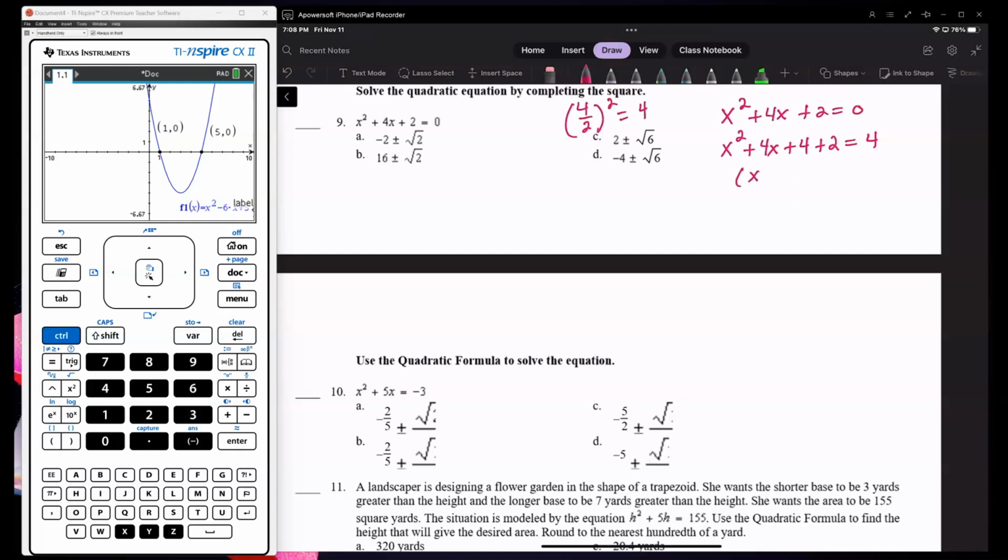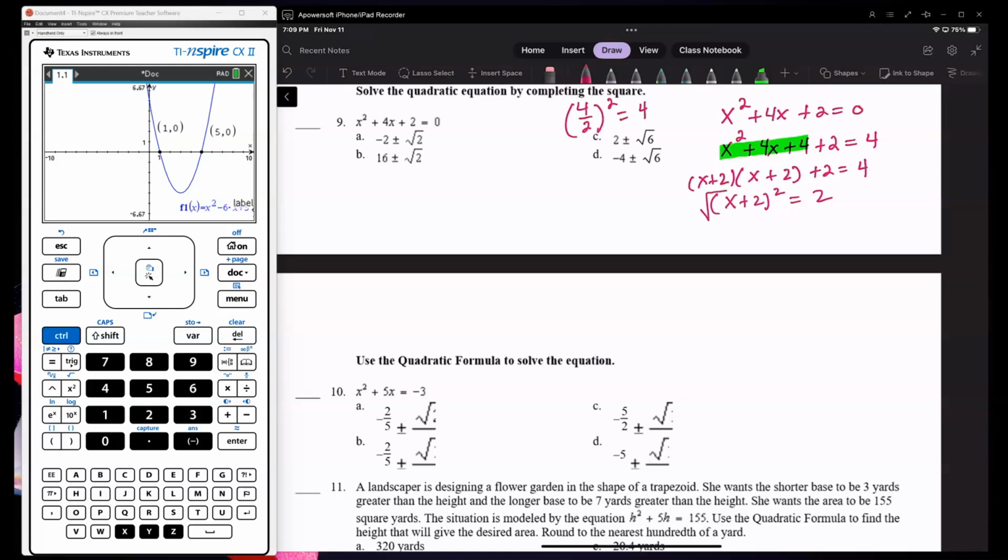Now you have x plus 2 times x plus 2 equals 4. What we did here is we factored x squared plus 4x plus 4. The factors of 4 are 2 and 2, so it's 2 times 2. So you're going to have x plus 2 to the second power, and you subtract 2 from that, so it's 2.